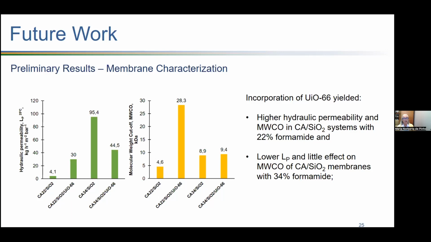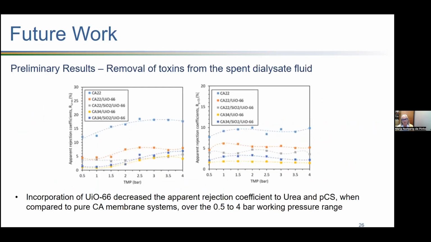And the molecular weight cutoff also increases for the CA22 membranes. The difference between these two is the casting solution: the ratio of the solvents, acetone to formamide, which determines different porous structures.